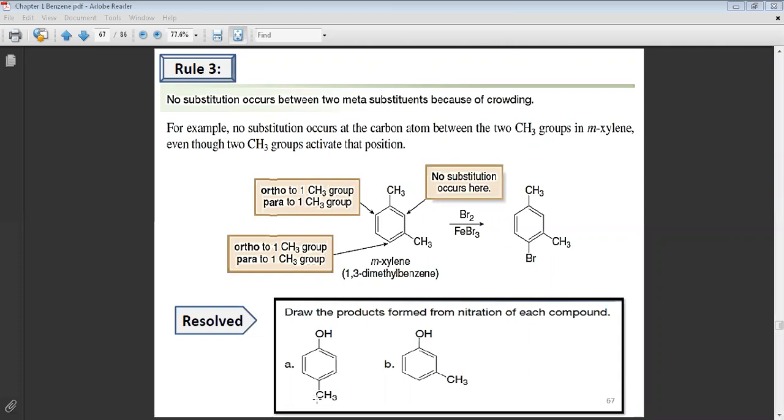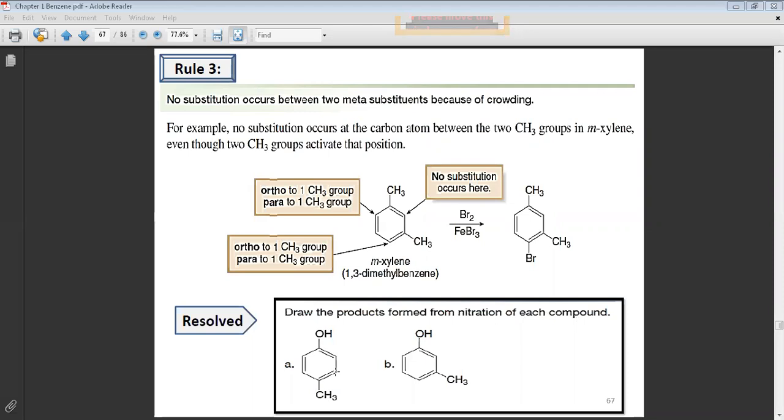Okay. Which one is stronger than the other, the resonance effect or the inductive effect? Resonance effect. That means for the nitration, the NO2 will come to here or here. Which one is stronger?